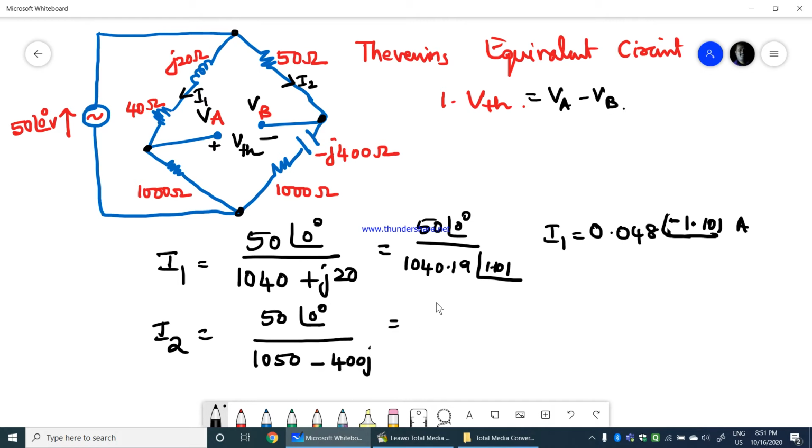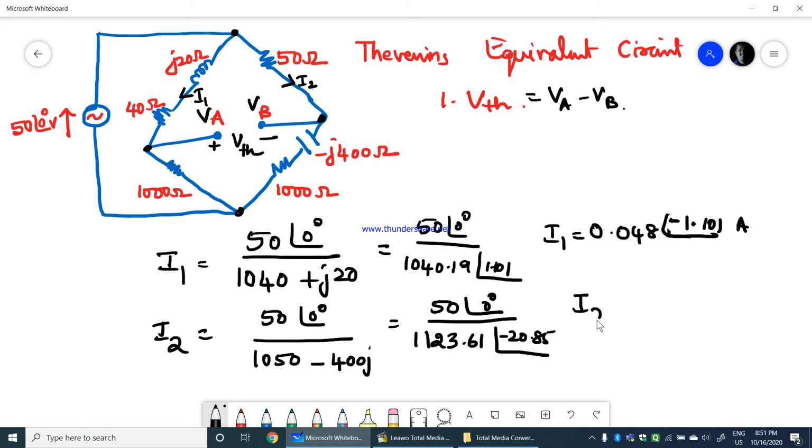Again, if you find the polar format of the denominator, shift polar of 1050 comma minus 400, I get 1123.61 at an angle minus 20.85.